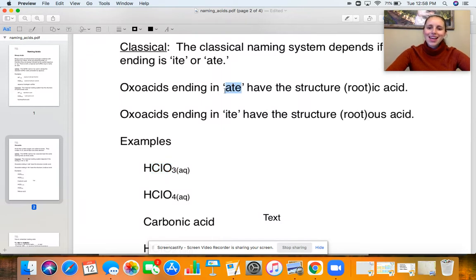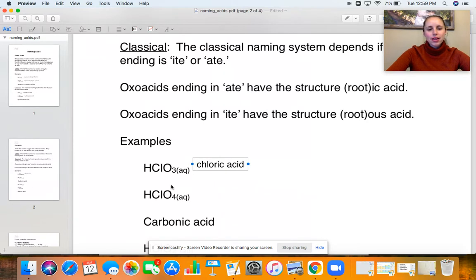Chlorate has an ate ending, so we're going to use this structure here. We're going to use the root ic acid. So the root in this case is chlor. The ending is an ate ending, so we're going to use ic, space, acid. So HClO3, we're going to have the classical naming system of chloric acid.